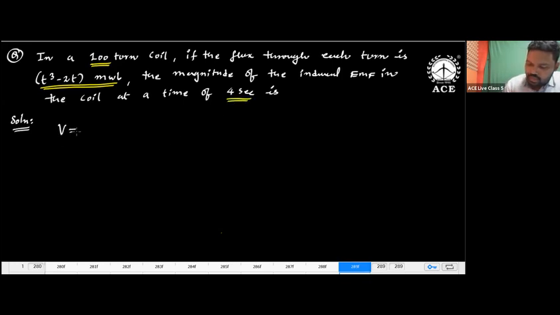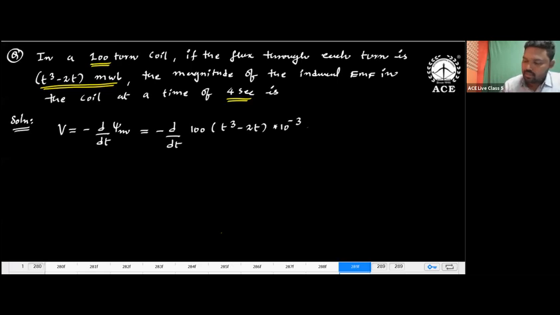So what is the voltage here? Minus d by dt of psi m, beta. So psi m is nothing but the total flux here. So how many number of turns here? 100 into flux through each turn, T cube minus 2T, into 10 to the power of minus 3. Here it is 10 to the power of minus 1. Differentiation of this one is 3T square minus 2.